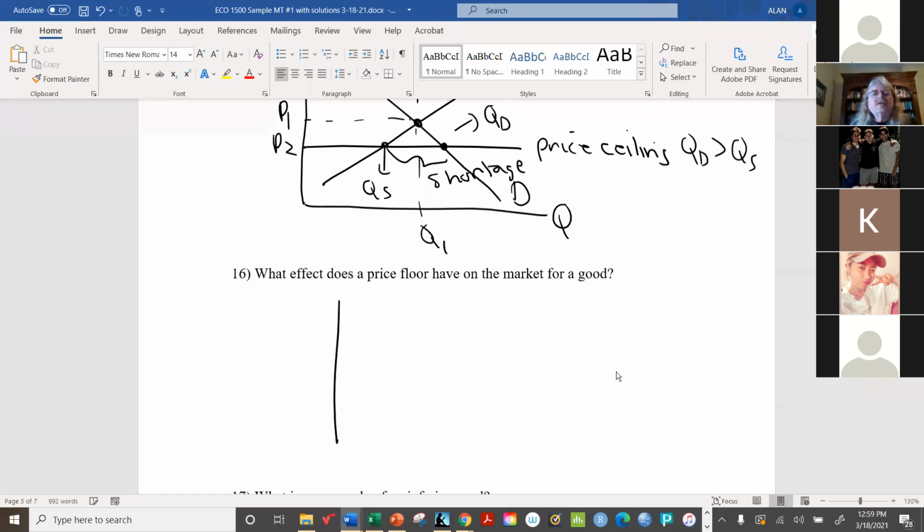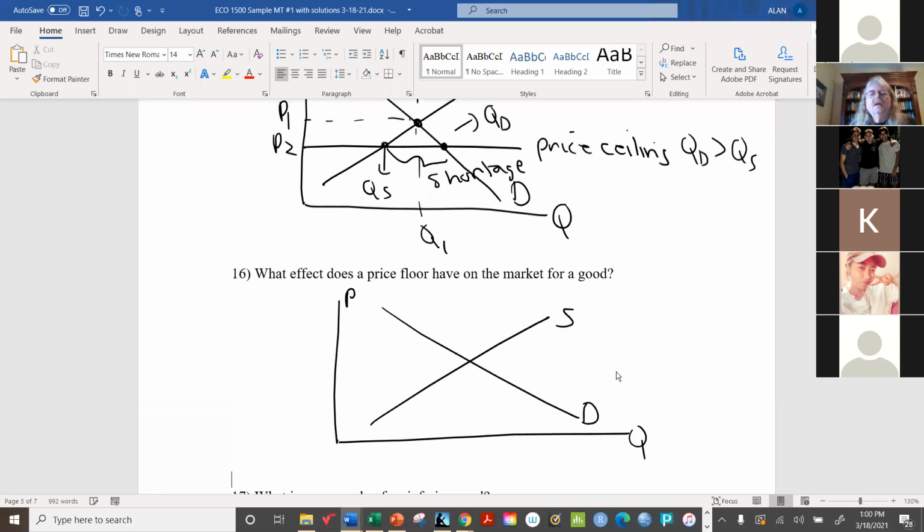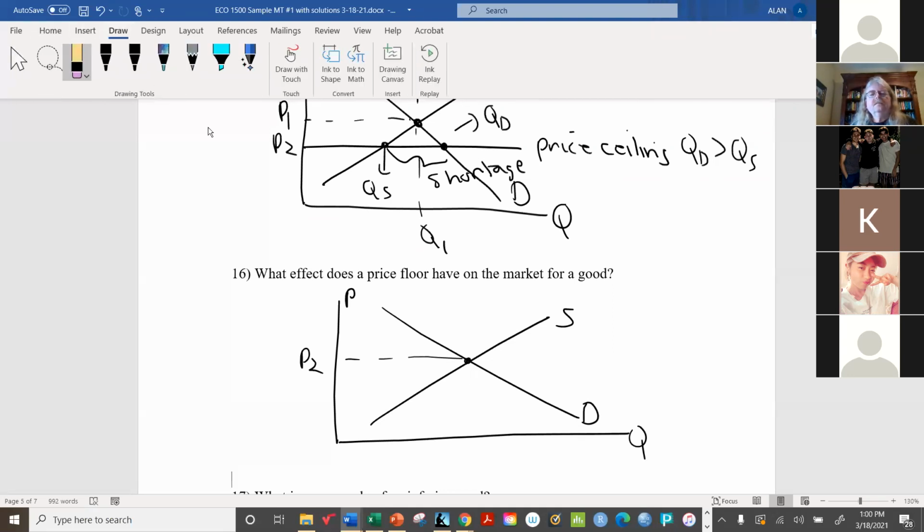People don't want to buy as much of this good as is available at such a high price. So let's say this is our equilibrium. And unfortunately, what did I do? This is the price floor.